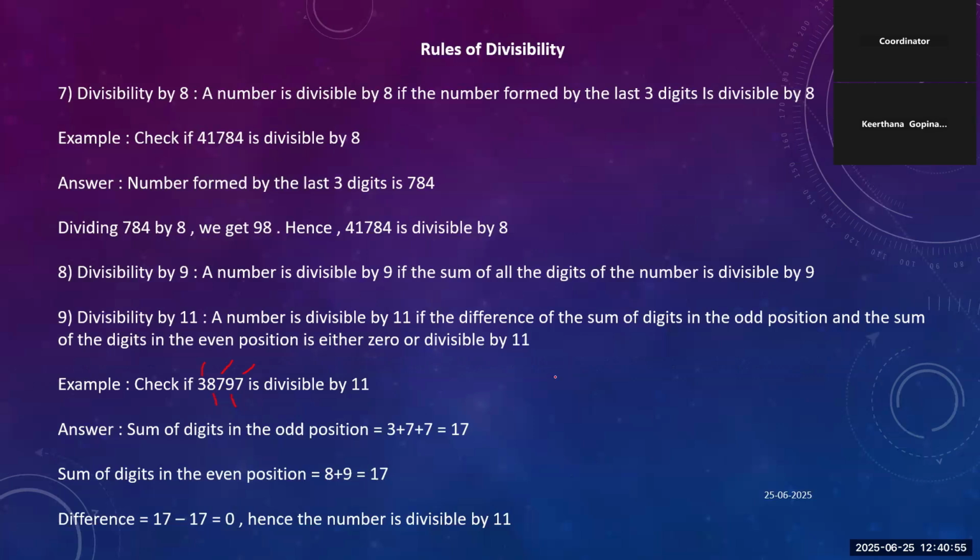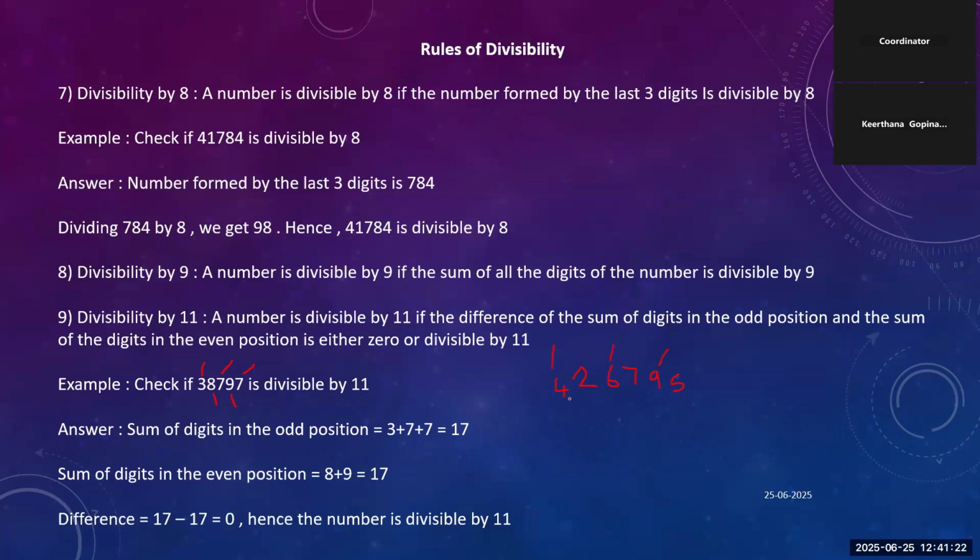Let us see another example. I'll just write a random number. See this: 4, 2, 6, 7, 9, 5. Now what are the odd position numbers? 4, 6, and 9.